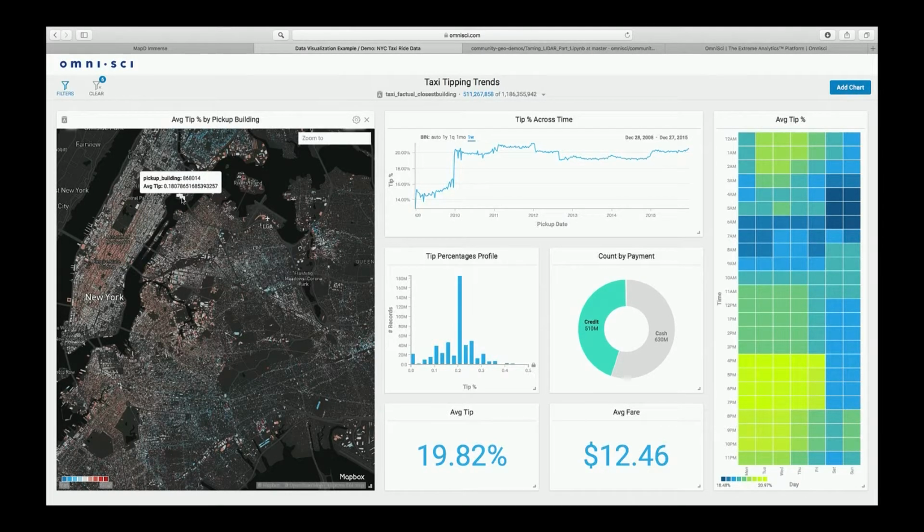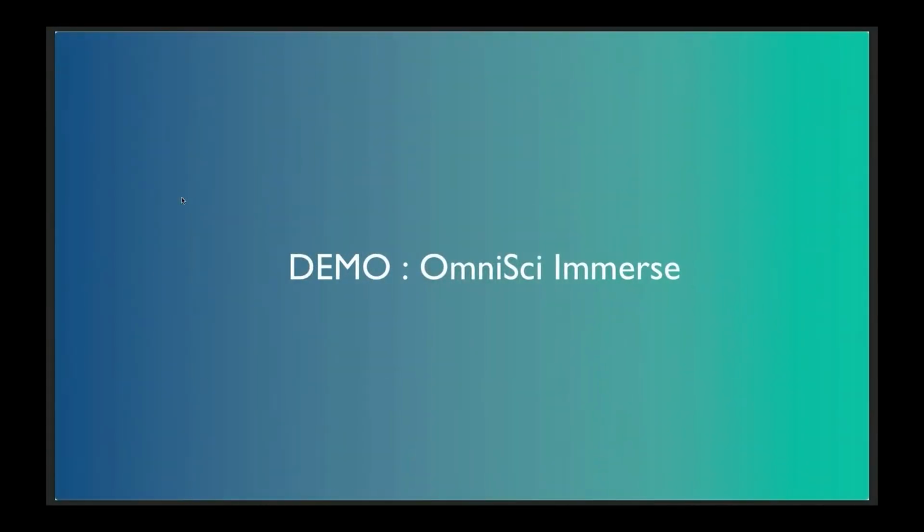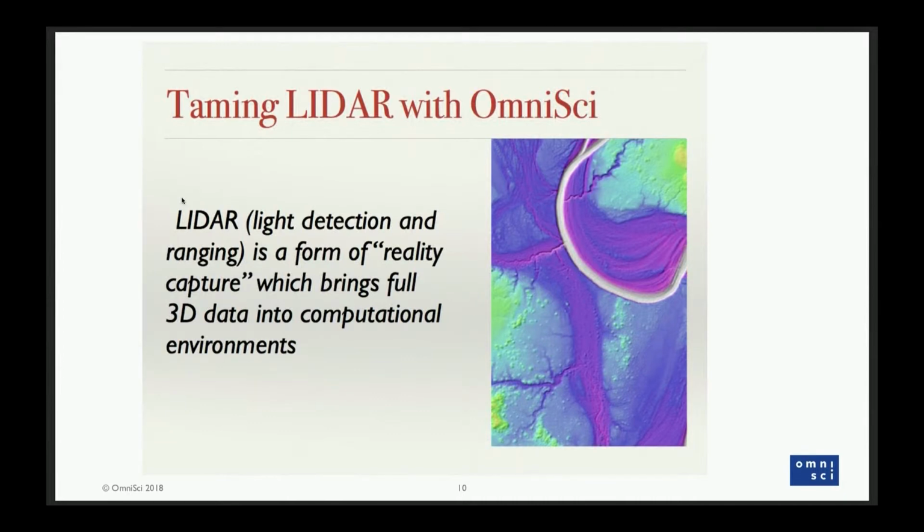I need to jump to the next, back to my LIDAR data. So LIDAR, as you know, is light detection and ranging. It gives you millions or even billions of points to create a 3D point cloud, to describe the surface, the height, or the depth.